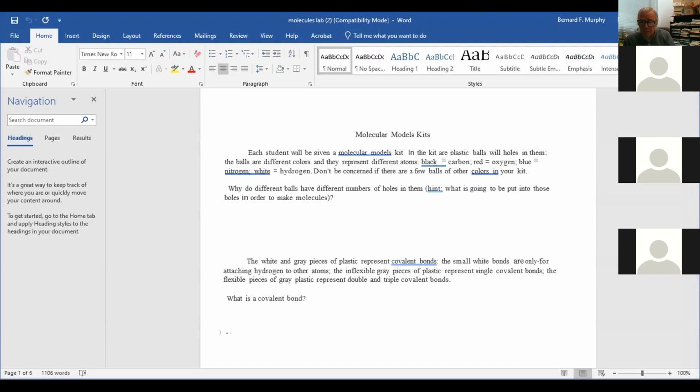Anybody? Is it the chemical bonds? Bonds, yeah, chemical bonds. These little plastic sticks are going to be put into the holes and they're going to represent chemical bonds, covalent bonds.